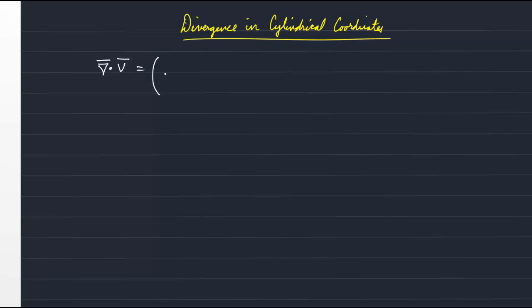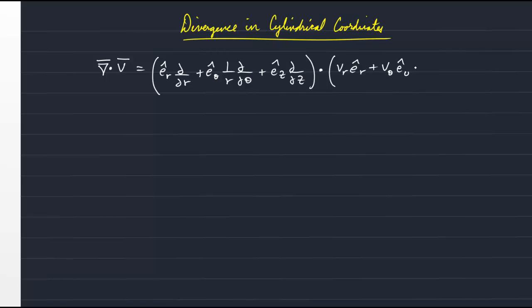And writing out this del operator, we have, again, e hat r d by dr plus e hat theta times 1 over r d by d theta plus e hat z d by dz. And we're going to apply that like a vector dotted with vr e hat r plus v theta e hat theta plus vz e hat z.